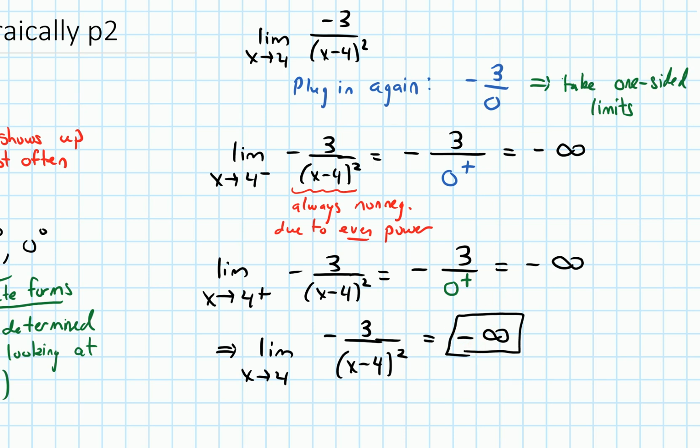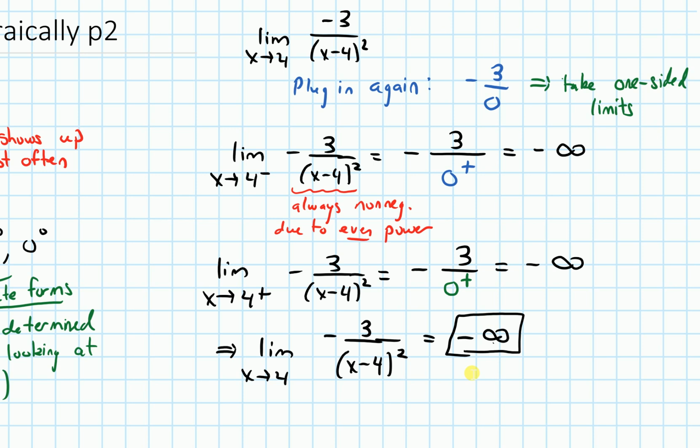You'd be right, it is DNE. But remember, if a limit falls into the DNE category because it's infinite, if it is infinity or negative infinity from both sides, if we're talking about a two-sided limit, we need to specify that. We need to specify whether it's infinity or negative infinity. So we need to write the answer like this.